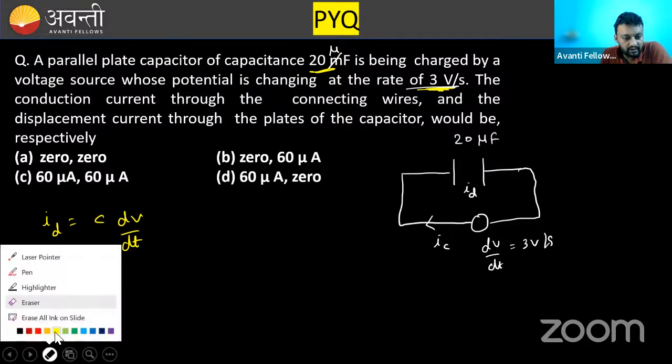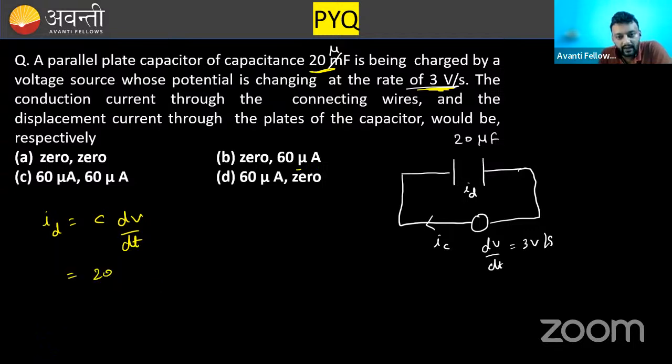Why am I not using it? Because the answer is in microampere, so I don't change the microfarad into anything. Into dV over dt, which is 3. That is 60 microampere, so ID is 60. And you know that ID is equal to IC. So IC is also 60 microampere, which is option number C.